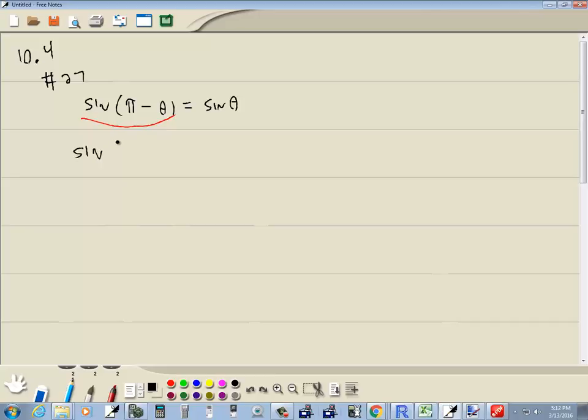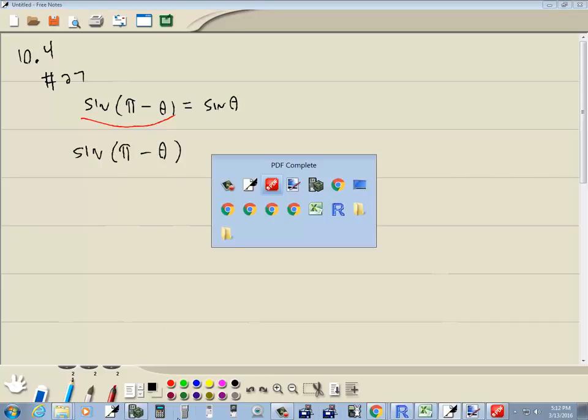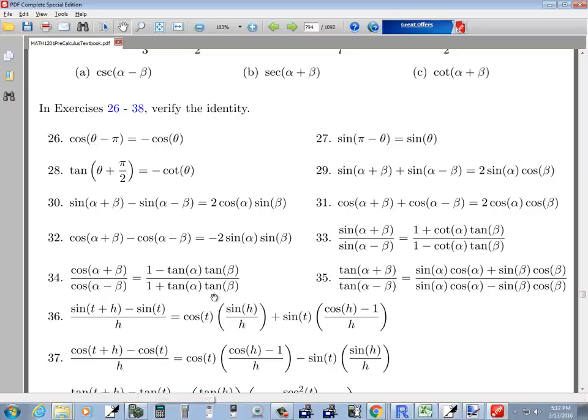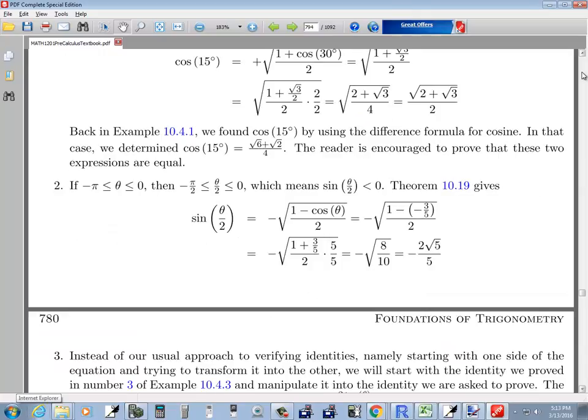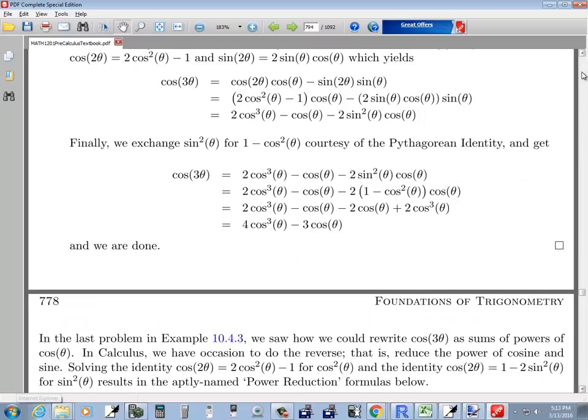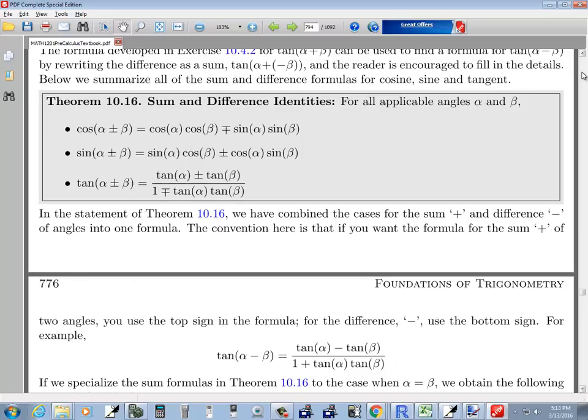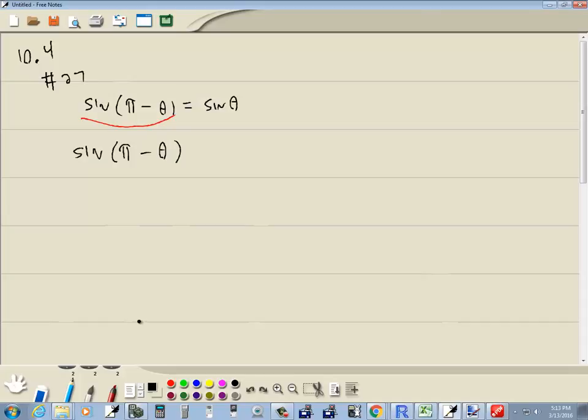So I'm going to have sine of pi minus theta. Now, I can see that this is my difference property for sine. So if I come up here, find it somewhere, there it is, sine alpha minus beta. Well, this is going to be alpha, and this will be beta.